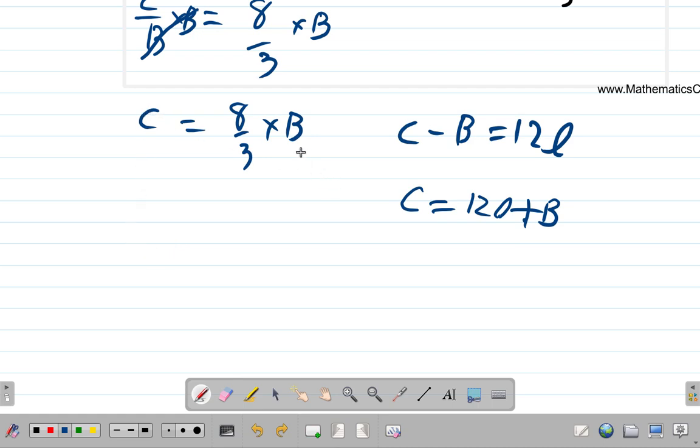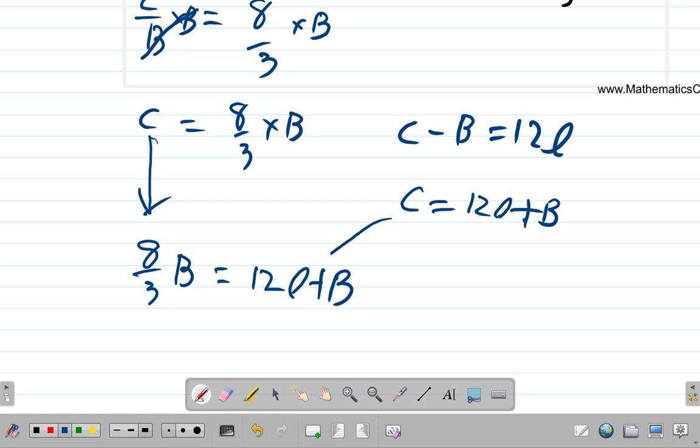C is equal to 8/3 B. At the same time, C is also equal to 120 plus B. Since both of them are C, they come together to form an equation where you have only one unknown.